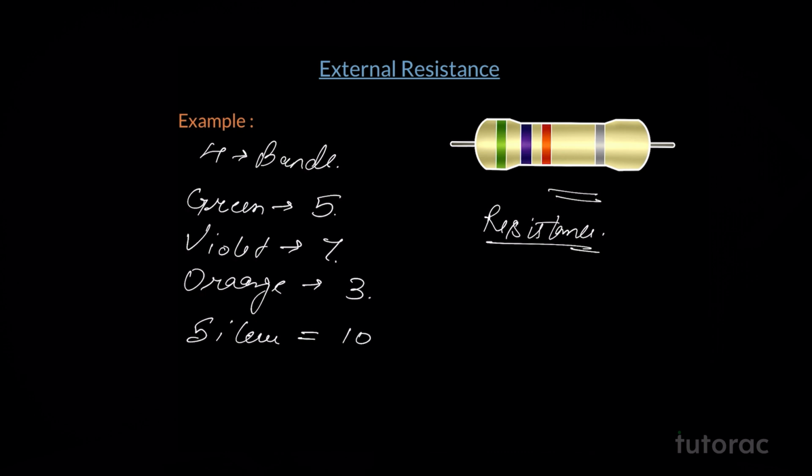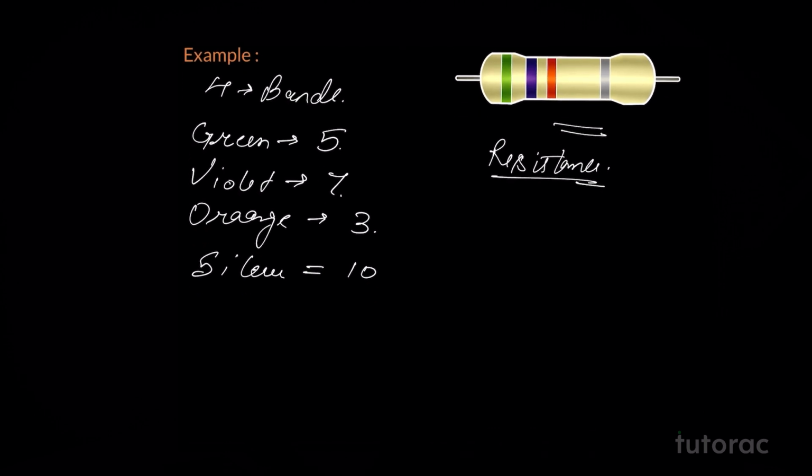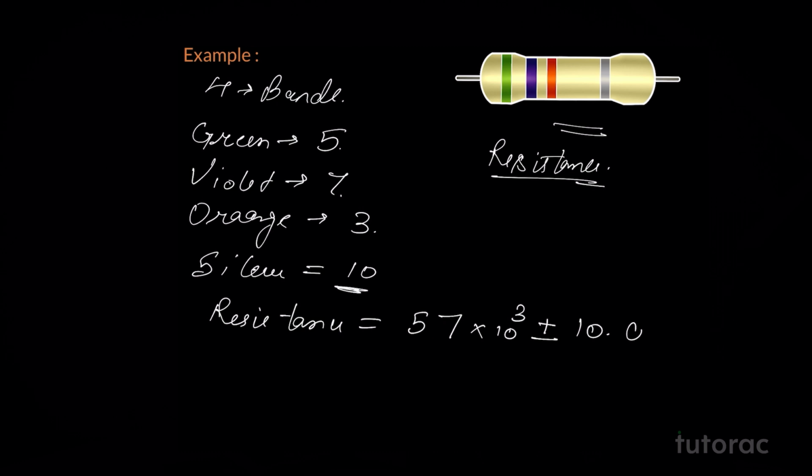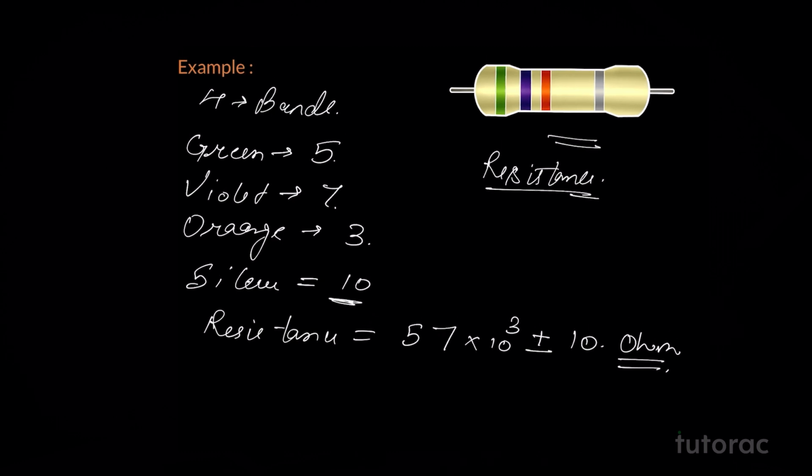Now, how should we define it? We simply define the amount of resistance as 5, 7. The third value we take as 10 to the power 3, and this last value, silver or golden, we take as the error, so plus minus 10. This is the value of the resistance of this given resistor.